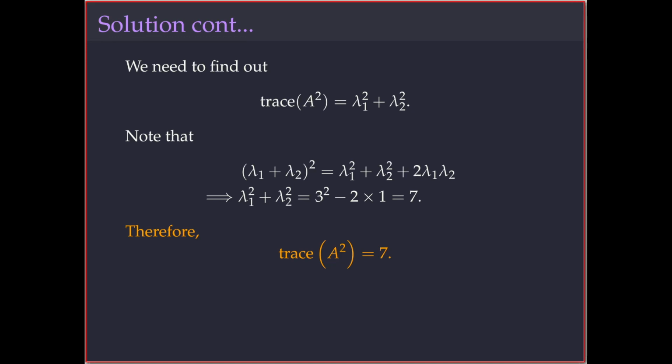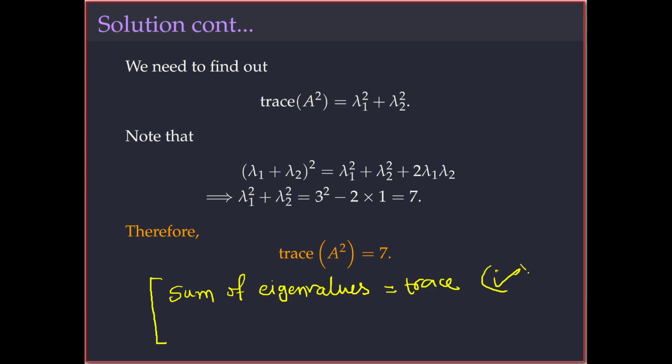So just recall what we did. Two important properties: the sum of eigenvalues is equal to the trace, and this is a very important property of the matrix, and the product of the eigenvalues is equal to the determinant.